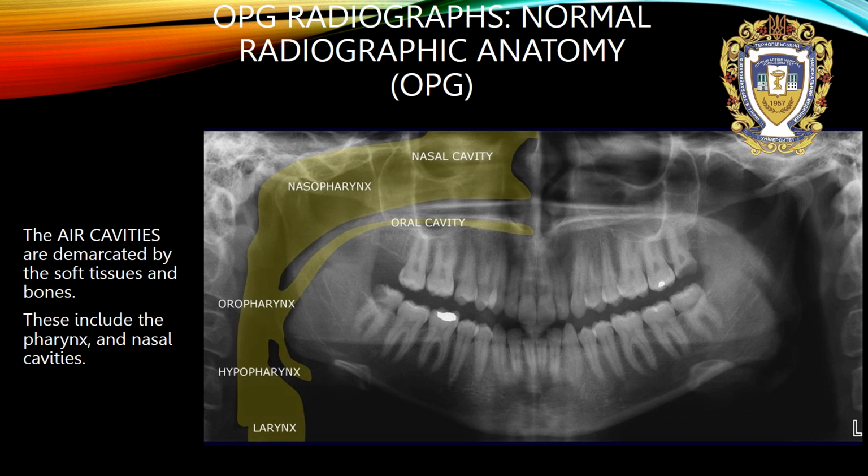Moreover, we can evaluate air cavities on OPG. The air cavities are demarcated by the soft tissues and bones. These include the pharynx, nasopharynx, oropharynx, hypopharynx, nasal cavity, oral cavity.